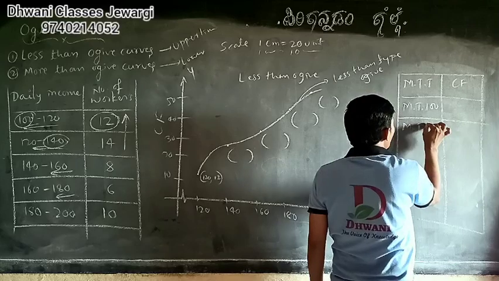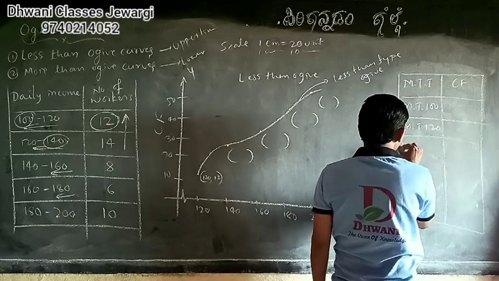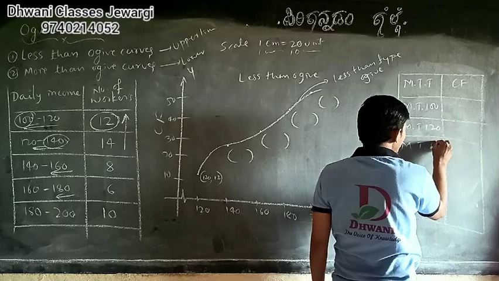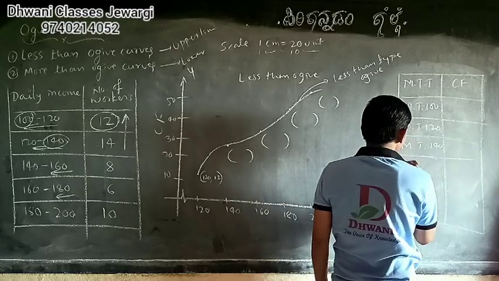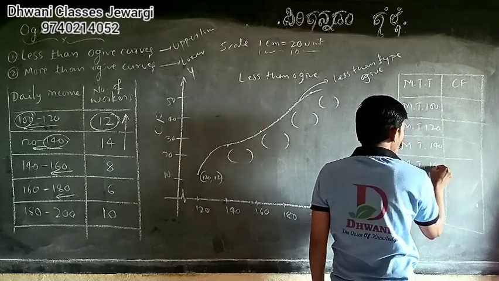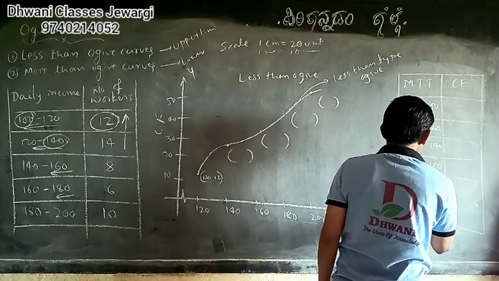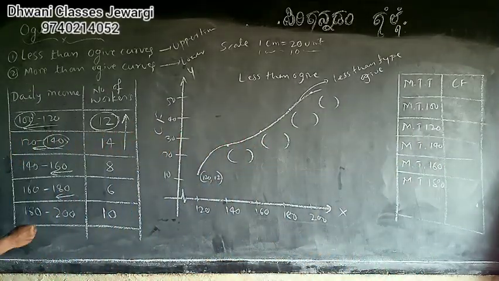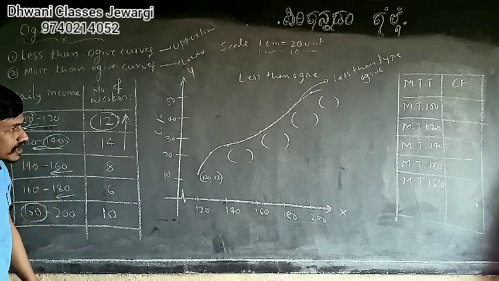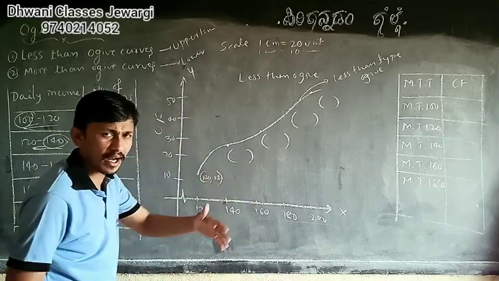More than 100, more than 120, more than 140, more than 160, more than 180. This is the final lower limit. Therefore, first of all, more than 100.